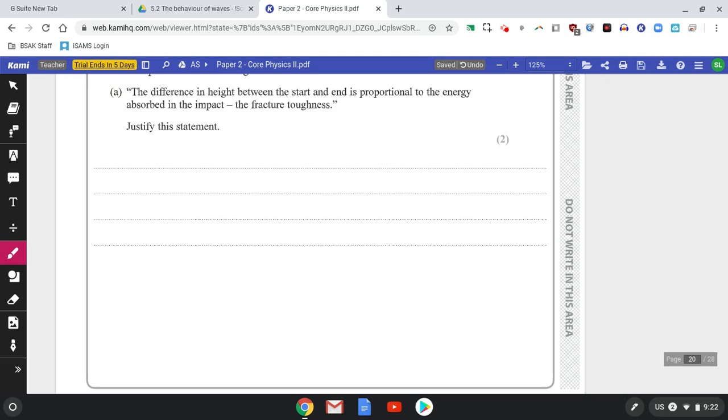So the GPE lost is equal to the initial minus the final. That's going to be equal to the energy lost during fracture, isn't it?